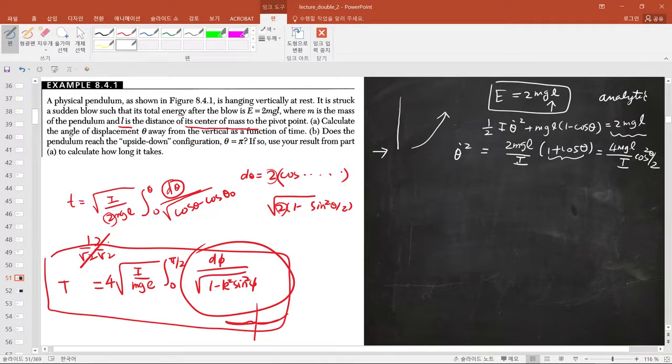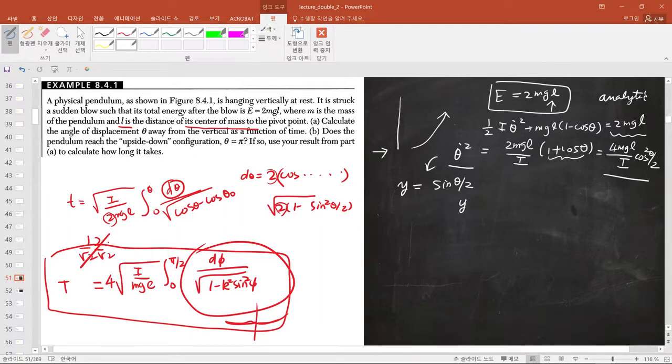This equation can be solved analytically by introducing a new variable y, which is equal to sine theta over 2, and then the equation is just elementary, so let me go through this.